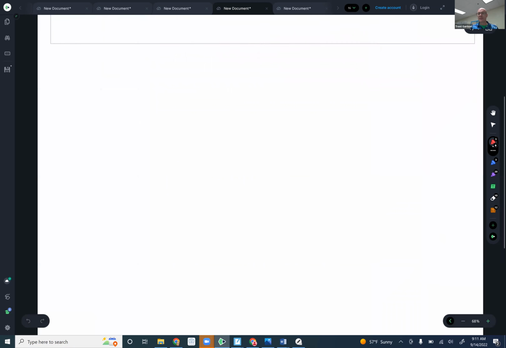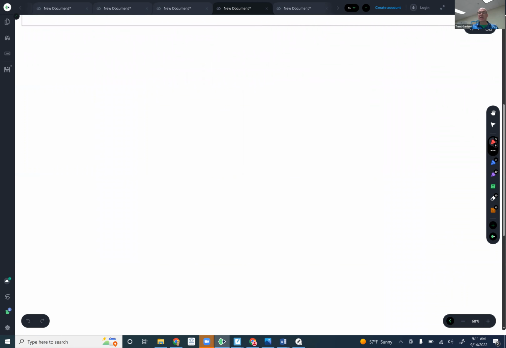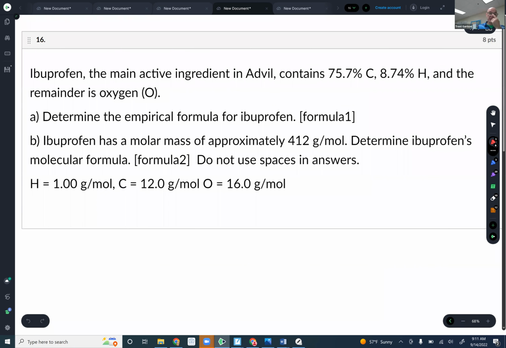Second question. Straightforward percent composition, turning it into an empirical formula. Step number 1, convert percents into grams. I've got 75.7 and 8.74, but that means there's a portion of oxygen that's not given to us, so we have to figure that one out.